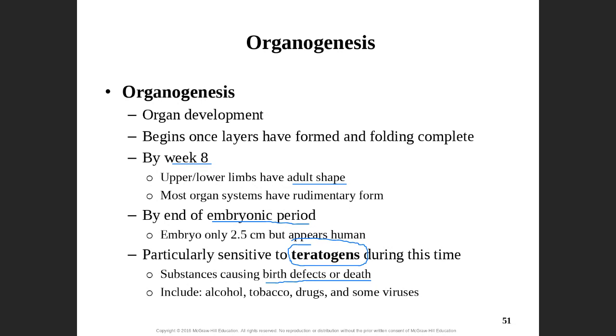Drugs, tobacco, alcohol, some viruses, certain pathogens can cause damage or even death to these structures, that will result in the organism's death if it's bad enough when we talk about certain birth defects.